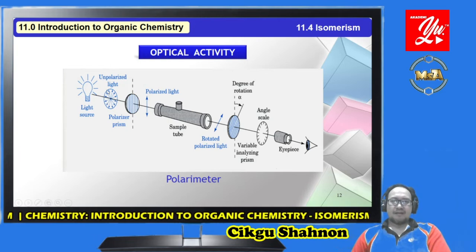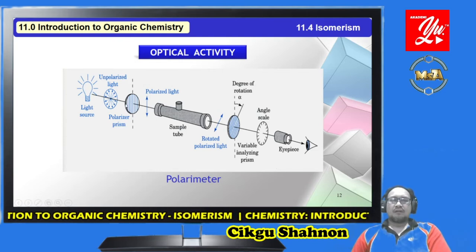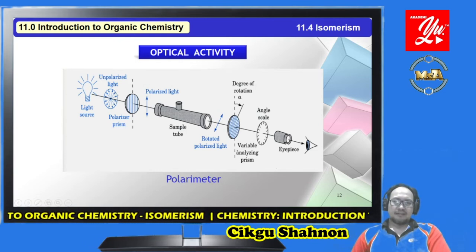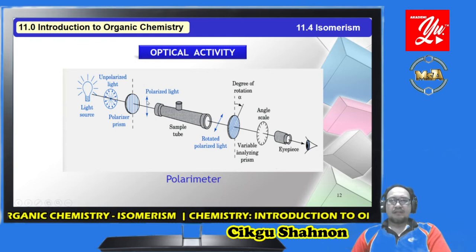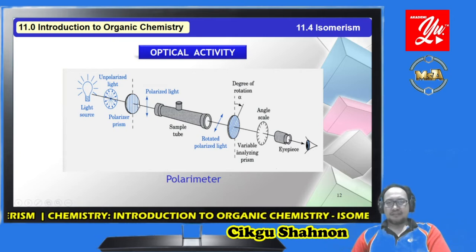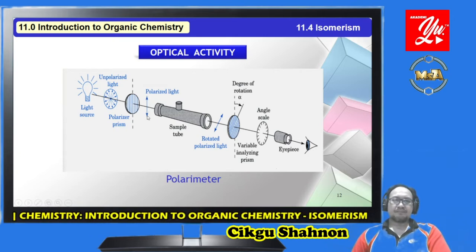When it passes through the polarizer prism, the polarizer will screen the light, and only one direction or one vibration of light can pass through. This we call polarized light.